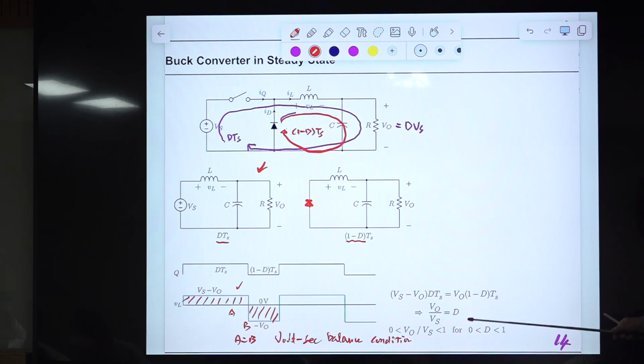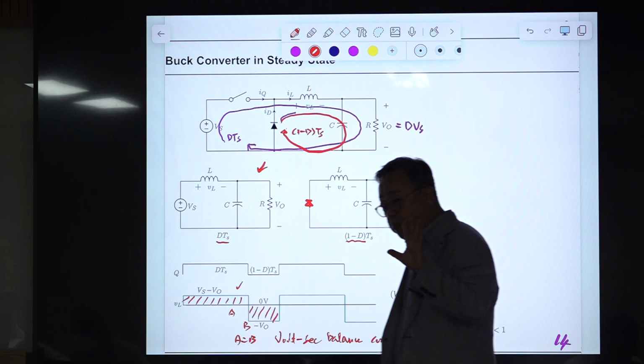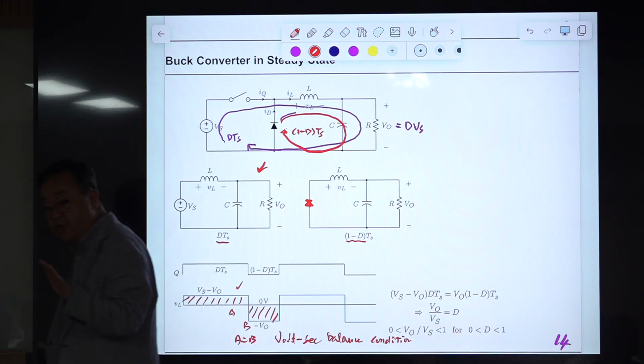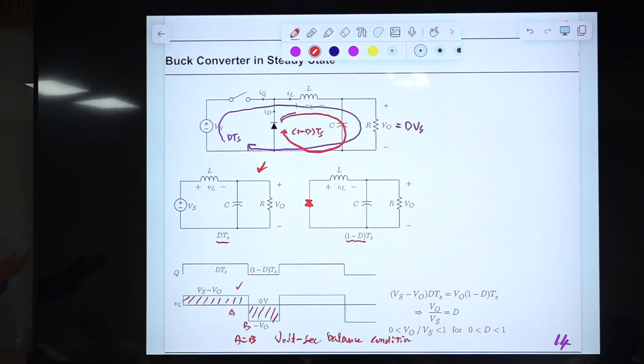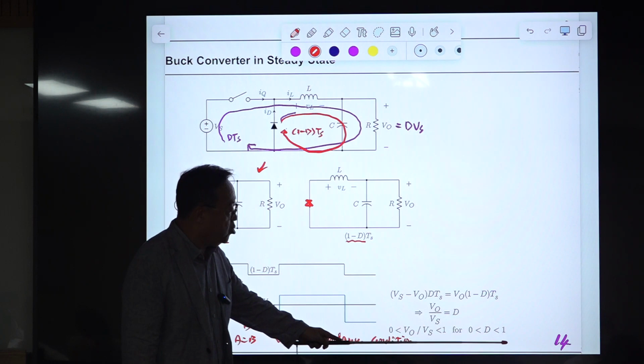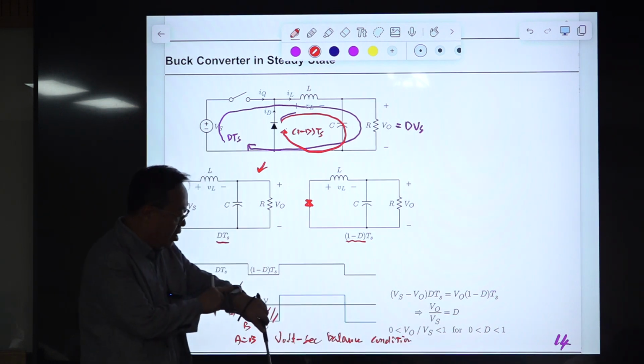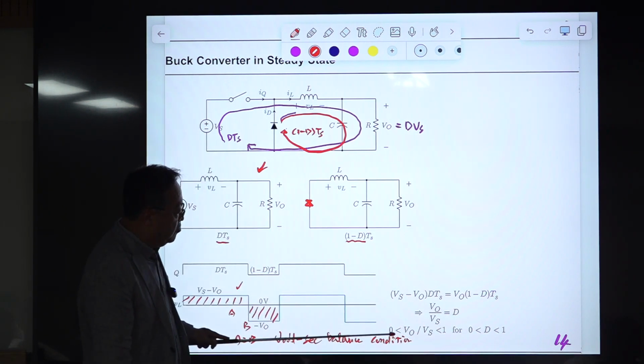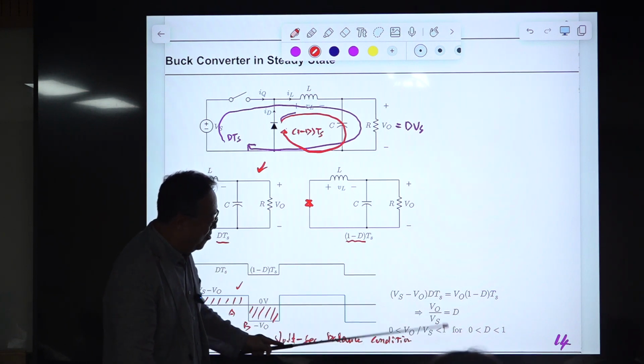We came up with this voltage gain expression from the time-domain interpretation, the frequency-domain interpretation, and this steady-state circuit analysis. Because D is between 0 and 1, the voltage gain starts from 0 and its upper limit is 1.